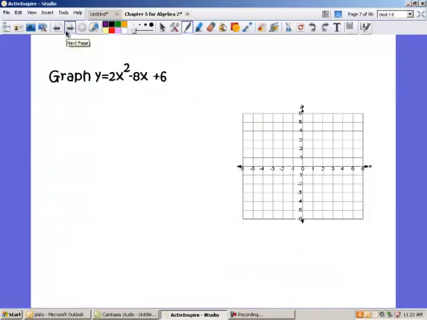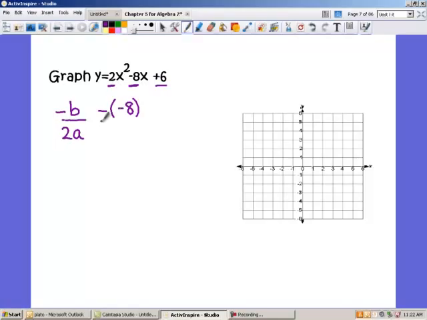So let's go ahead and try one. And we're going to use our graphing calculator a lot to sketch the rest of these graphs. So if we look at this equation, we have ax squared plus bx plus c. A is 2, b is negative 8, and c is 6. So if we use the equation negative b over 2a, b is also a negative 8, so we have to plug in negative 8.